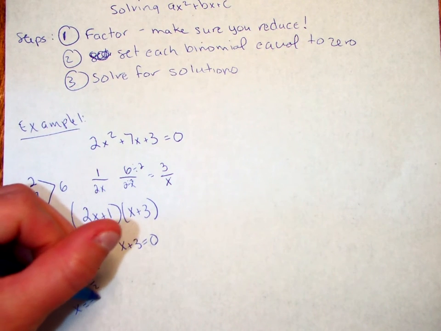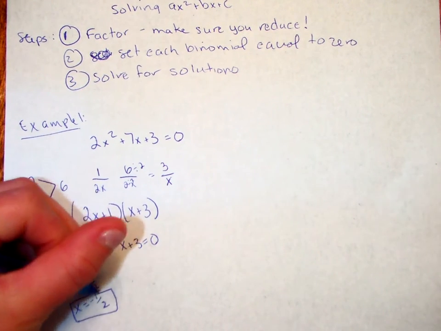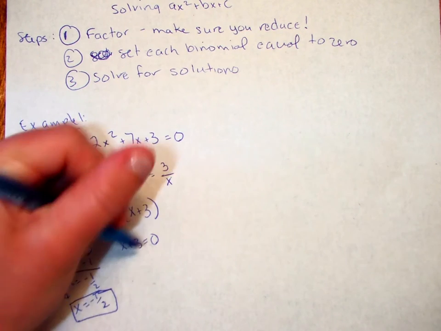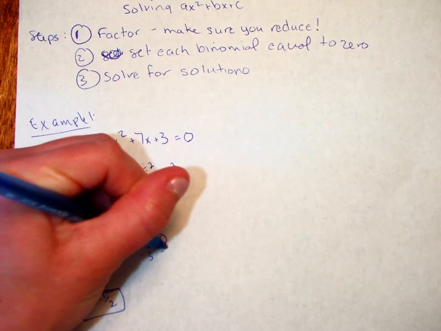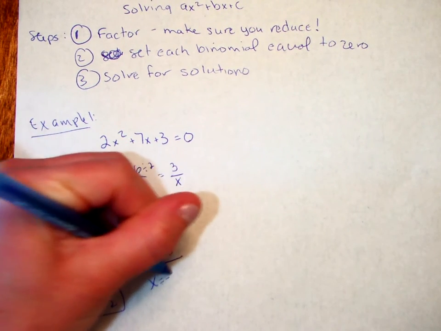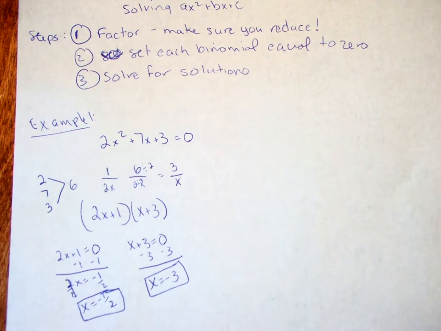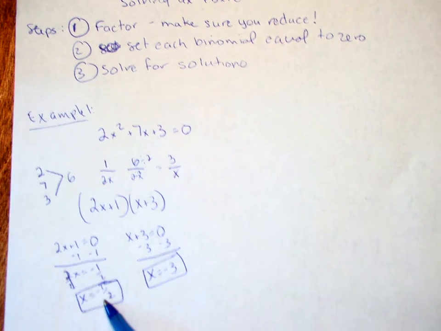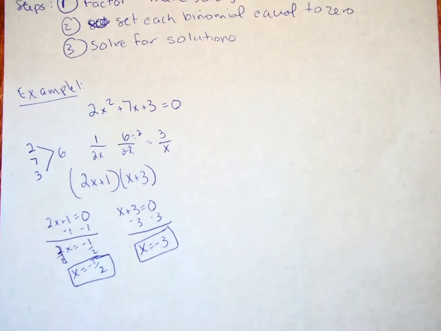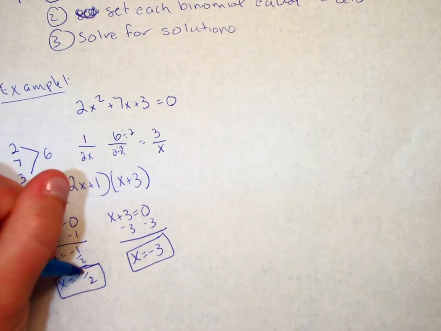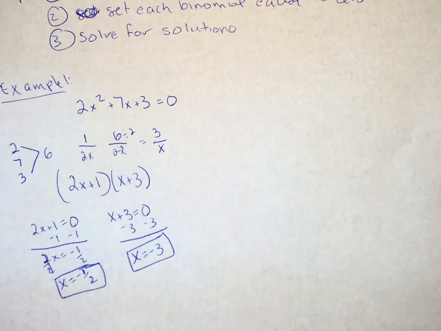X equals negative 1/2, and subtract 3, x equals negative 3. With these types of problems, now that they're a little bit more complicated, you are going to get a lot more fraction answers. So just to clarify, that's negative 1/2 there.